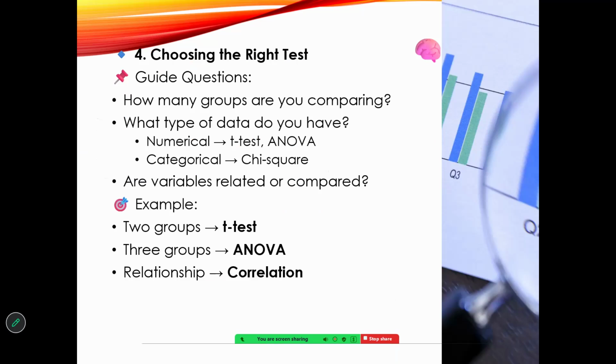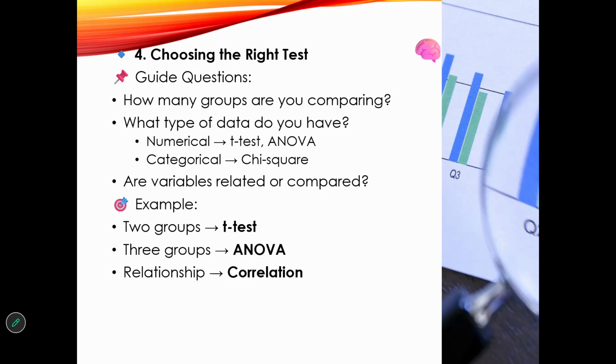So how will you choose the right test? The guide questions: how many groups are you comparing? What type of data do you have? If you have numerical data, you will commonly use t-test and ANOVA, or analysis of variance. If you have categorical data, you will use the chi-square test.